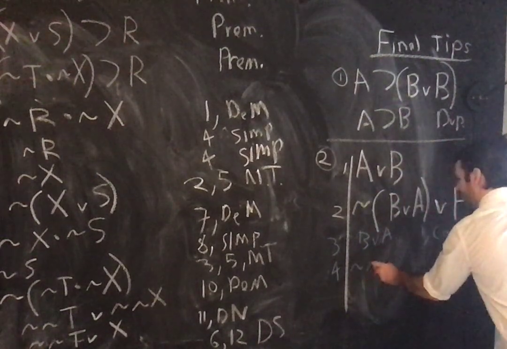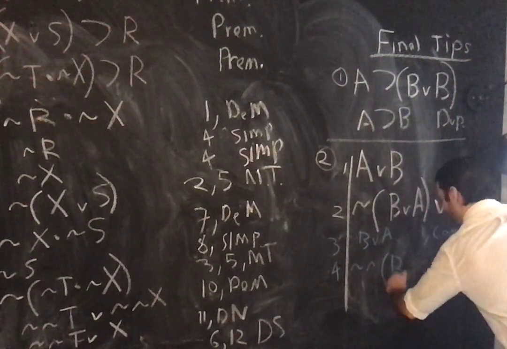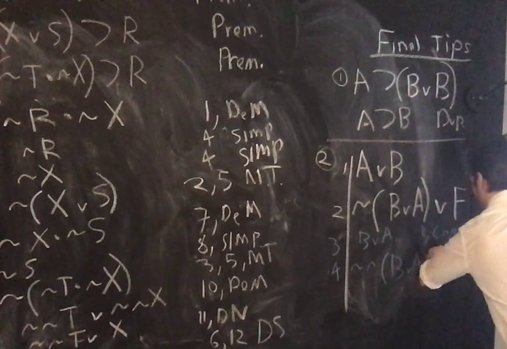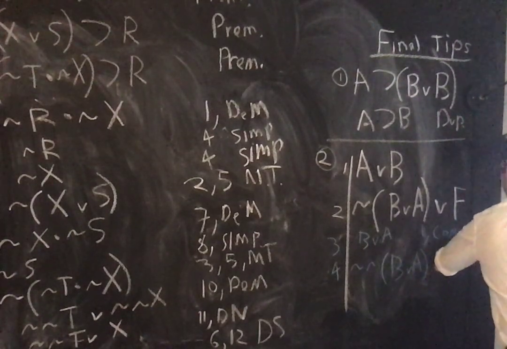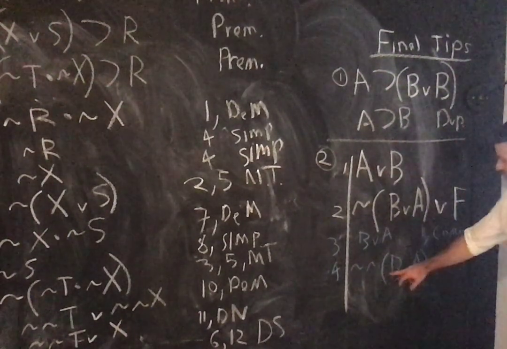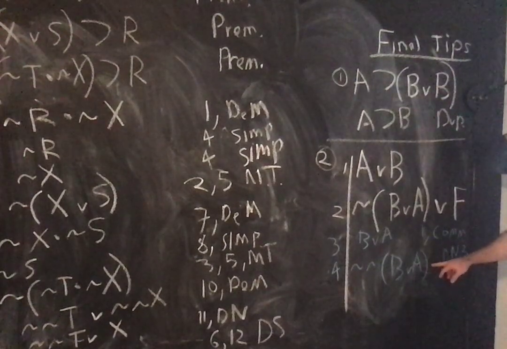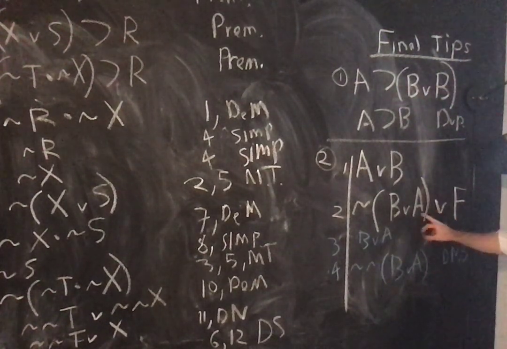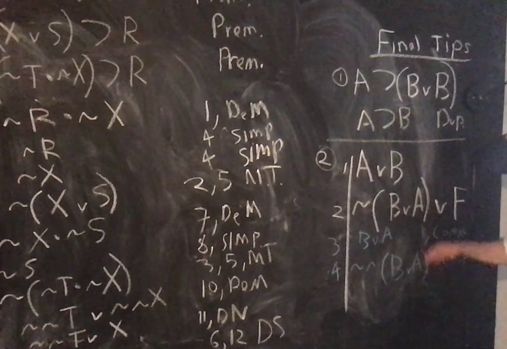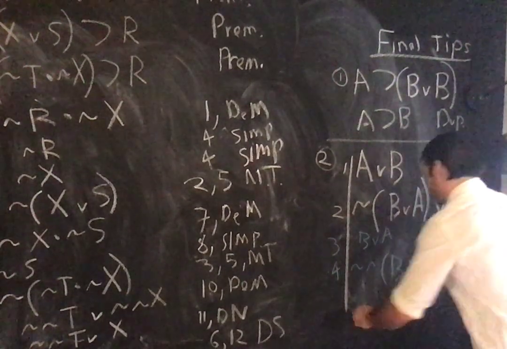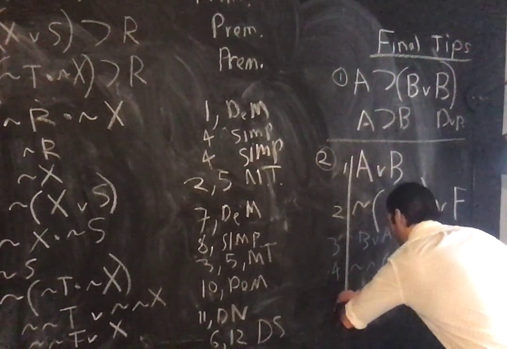For not not (B or A). Why am I doing this? Double negation on 3. I'm doing that so that I have the negation of the left disjunct, right? Setting up for a disjunctive syllogism. So finally, I can derive F, right?